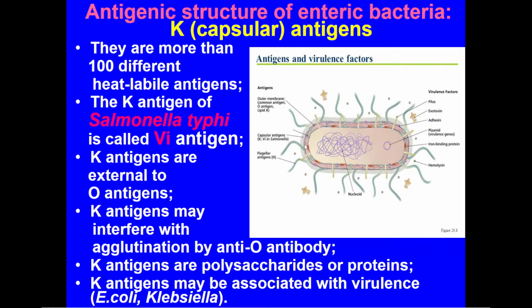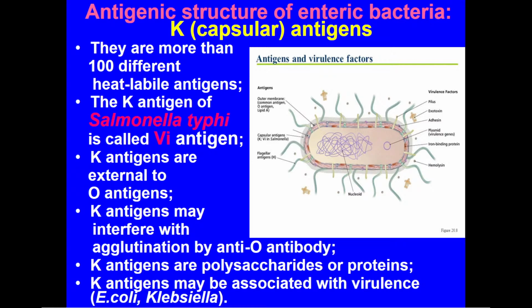Or sometimes, like in Klebsiella, it may have a thicker capsule like this, right? So it also may prevent phagocytosis, and this is an antigen that is external compared with the somatic antigen.